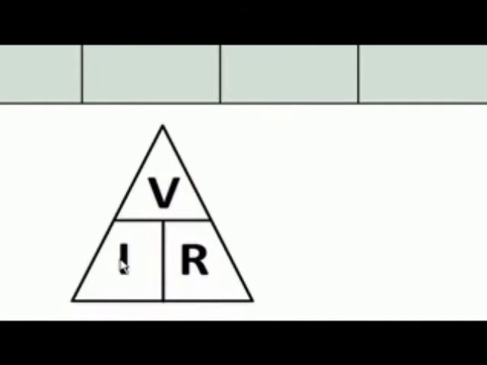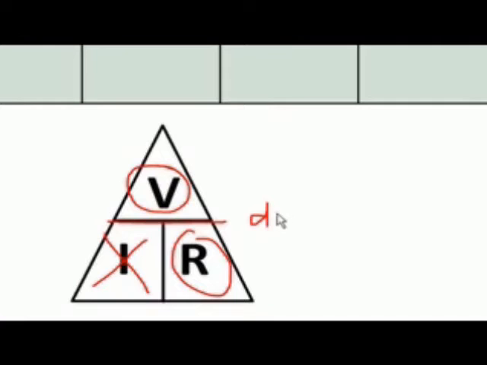We cross out the variable I, because we use the symbol I for current. We're left with V and R. The line that's separating these two variables is known as the division line. So we divide in this case.